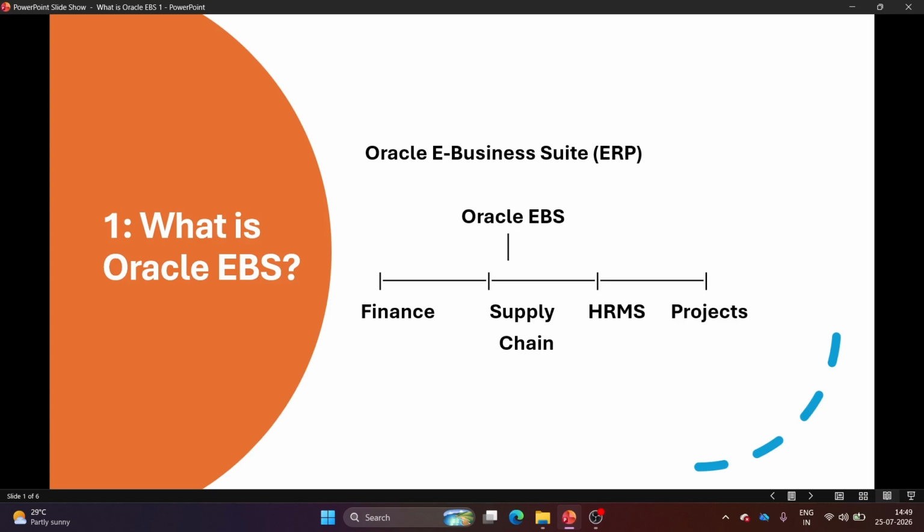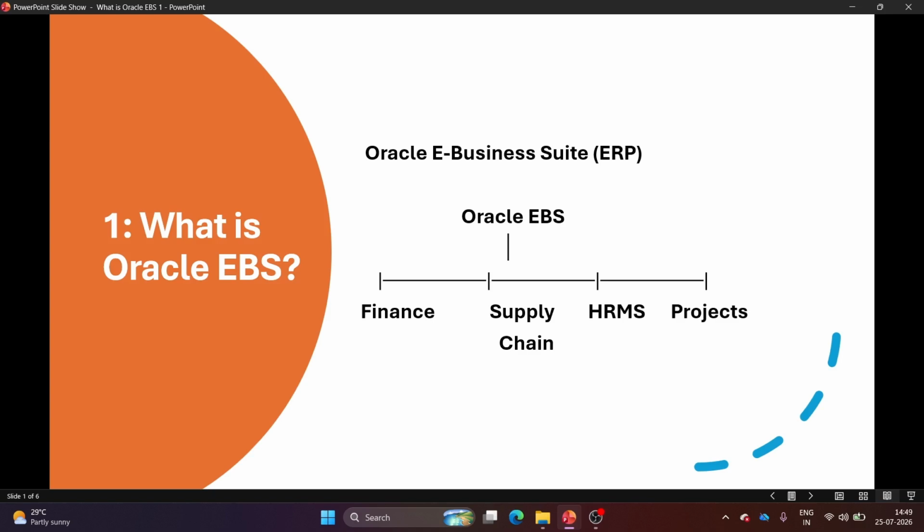The functional business area modules are grouped into key groups, as in this slide: finance, supply chain, HRMS, and project. Let me explain finance. The finance module manages accounting and financial transactions. It includes modules such as general ledger, payables, receivables, fixed assets, and cash management. Then move to supply chain.